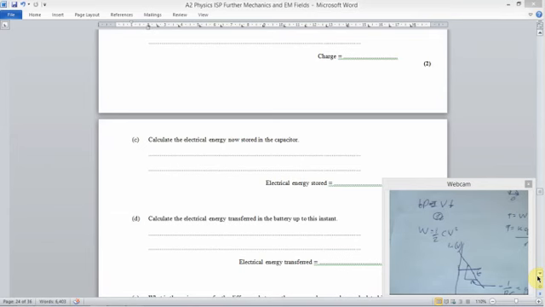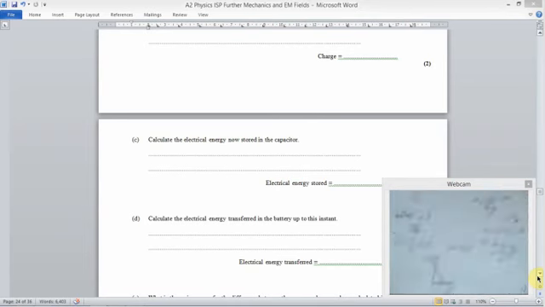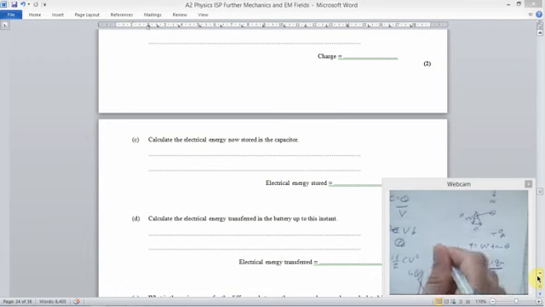Calculate the electrical energy transferred in the battery up to this instant. This is where they're getting you to think a bit differently. This time you need to use the idea of W is equal to Q times V. The reason why is because they're talking about the battery now and not the capacitor. So that's how much electrical energy will be transferred.